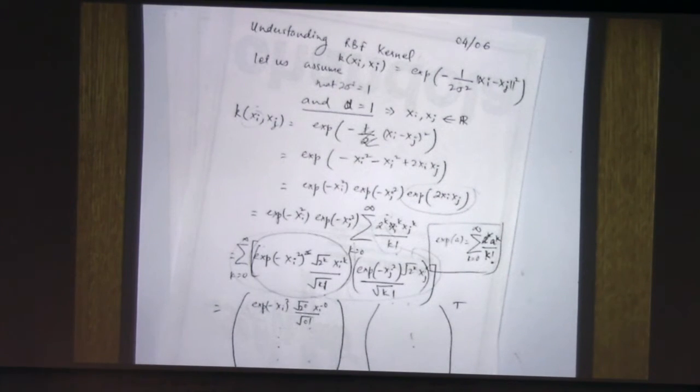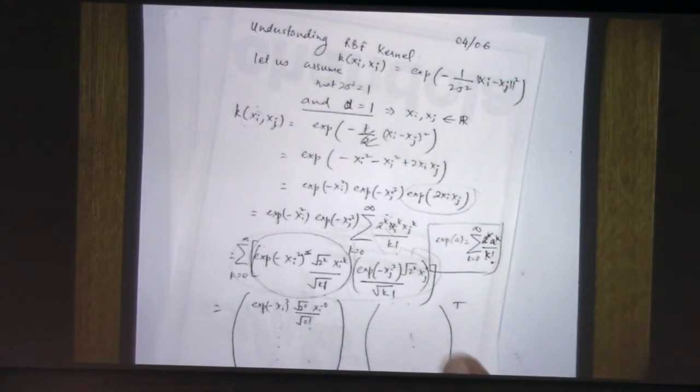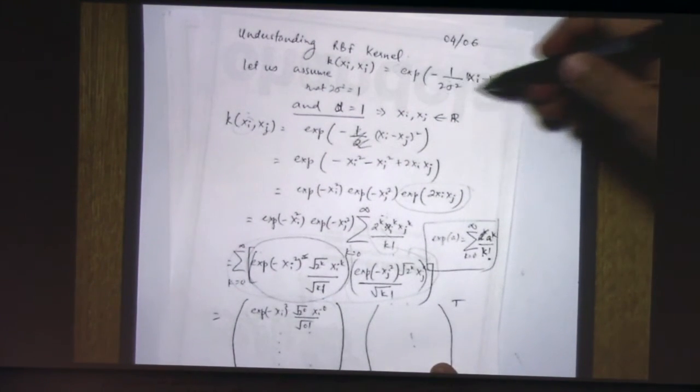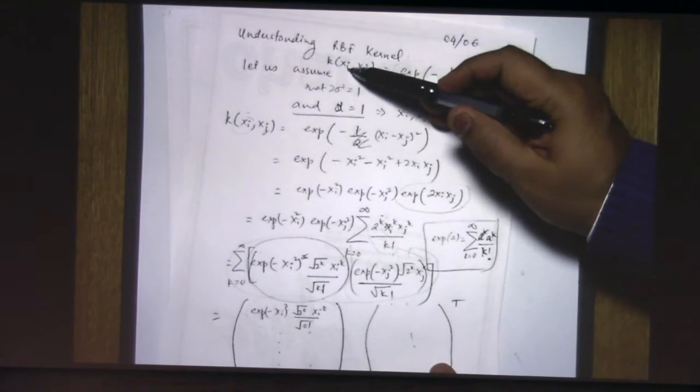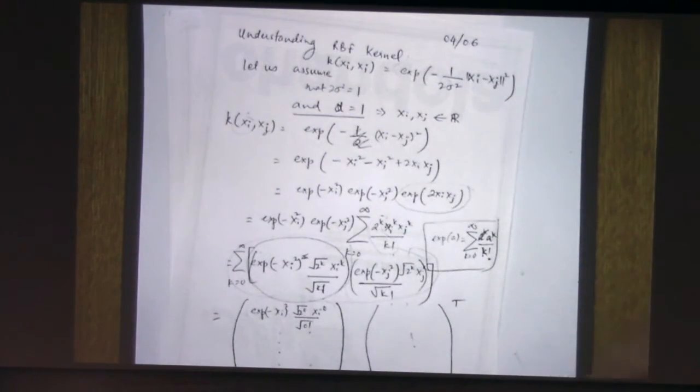I probably hurried through this math a lot, but the idea is that applying this kernel function essentially means mapping each one of these data objects into this infinite dimensional space and then doing a dot product. That is the power of the radial basis function. All right, any questions so far?